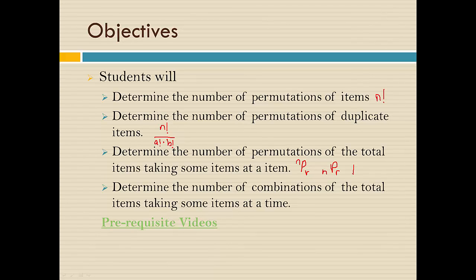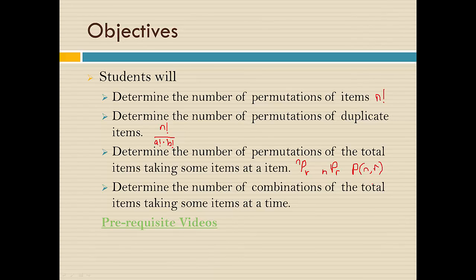Or in some textbooks, you see P, parentheses, n, comma, r. So this is the permutations of n total items, taking r items at a time.